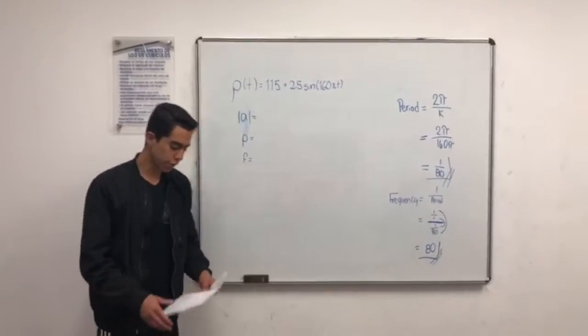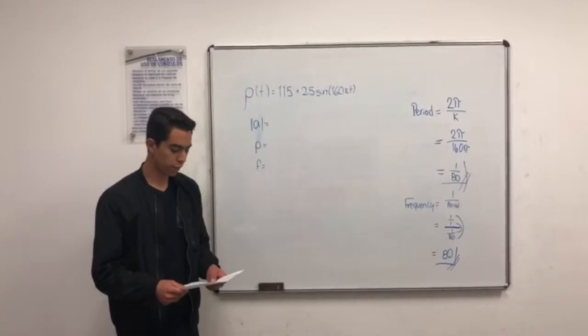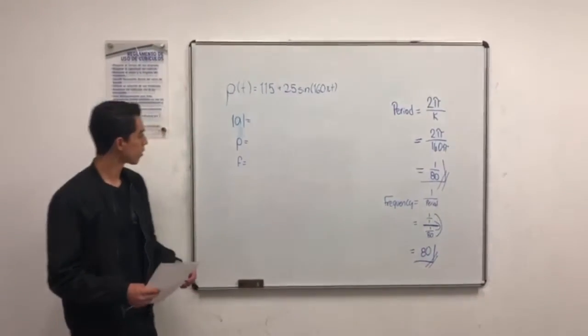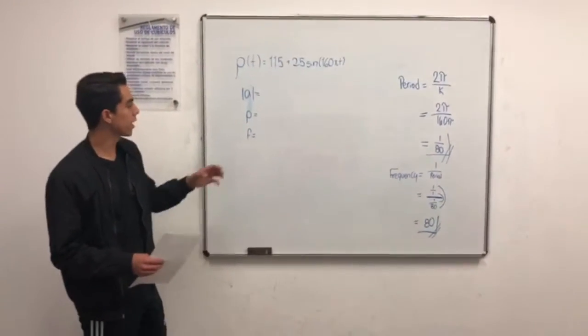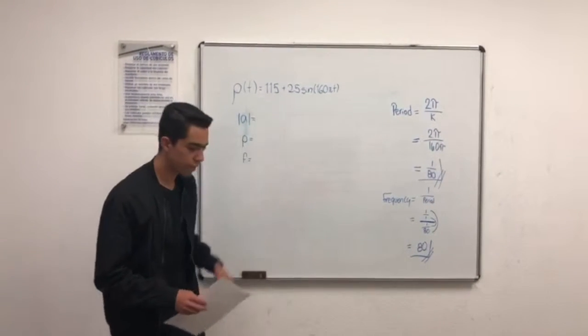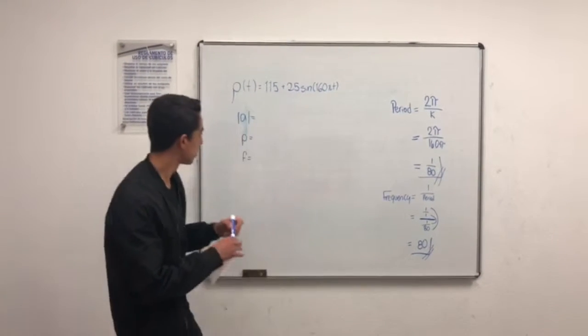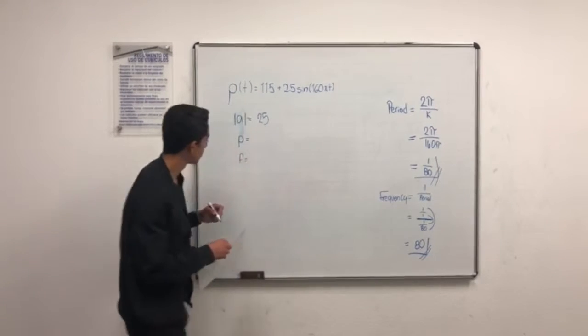Well, I'm going to solve point A, that is, find the amplitude, period, and frequency of P. First, the amplitude. We know that we have a sine equation, so we know that the amplitude is 25. Let me write it. Amplitude equals 25.